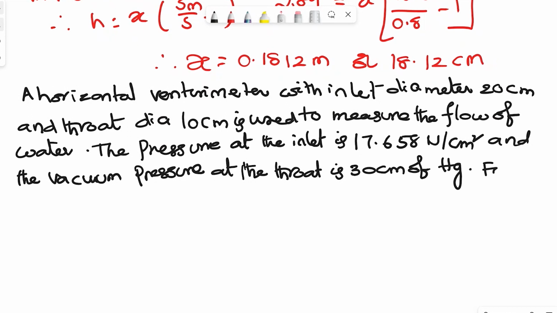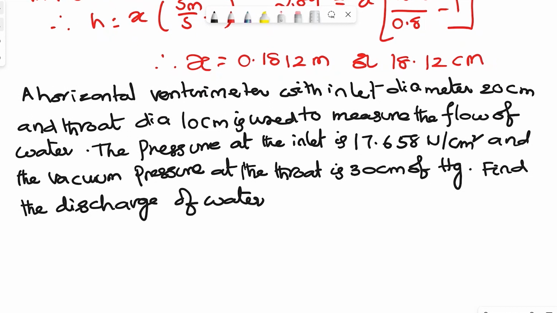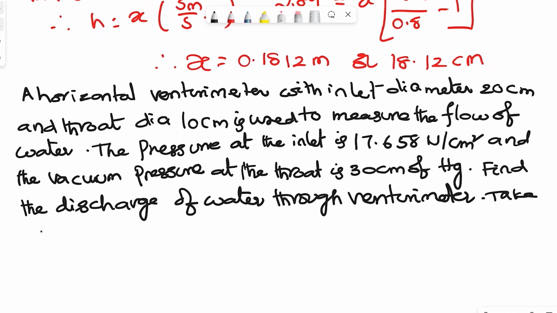Find the discharge of water through the venturi meter. Take CD is equal to 0.98.